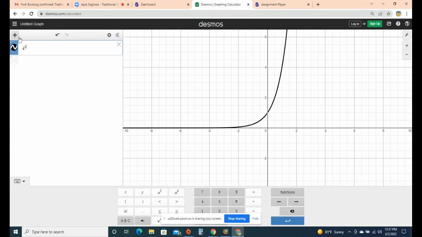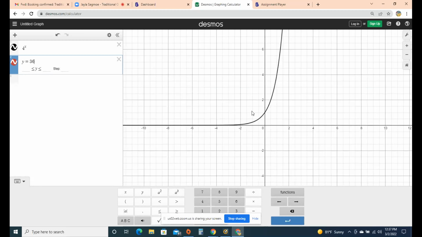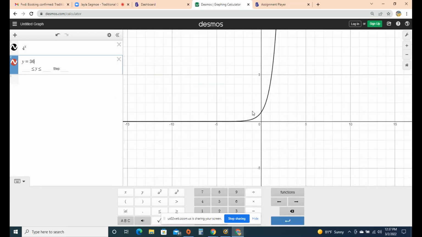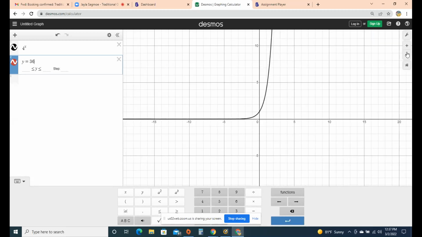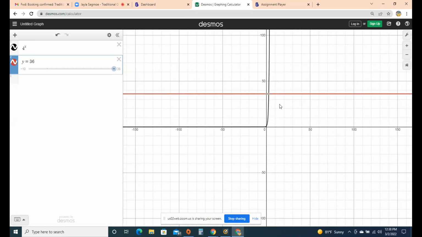And then the next line will be y equals 36. Okay, so that line is way up there, so you have to zoom out. You can either scroll, or you can use that minus symbol on the right. And you're almost there. There it is, boom.